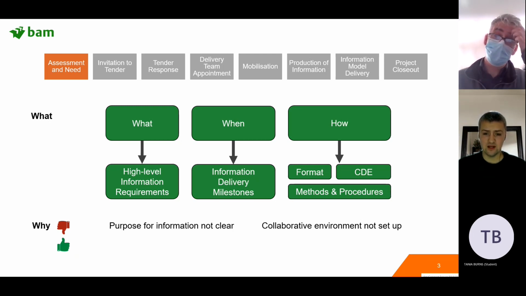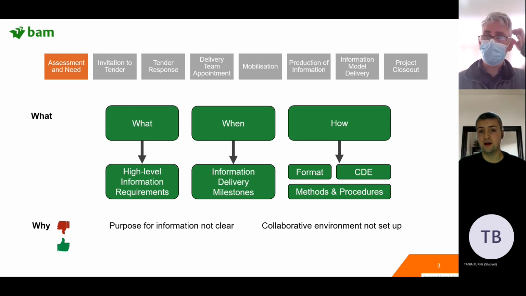So ISO 19650 is trying to get away from that by forcing the client to think about what they're requiring. Otherwise, they might be wasting money, because the contractor and subcontractor are going to price based on those requirements.